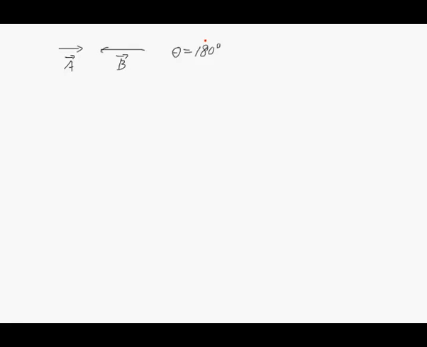Any question? So actually, you put these two vectors together, then you have vector B here, and then vector A here, right? So this angle is just 180 degrees.